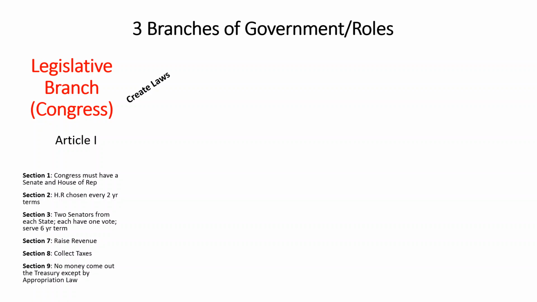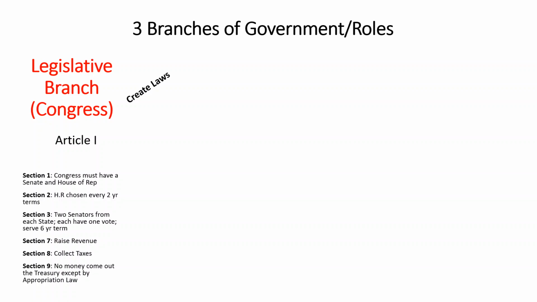Section 2, this House of Representative personnel serve 2-year terms. Section 3, two senators from each state, they serve 6-year term and they each have one vote. And so it doesn't matter the size of the state. Compared one smaller state and a larger state, the larger state will not have priority. So each state can have 2 senators.